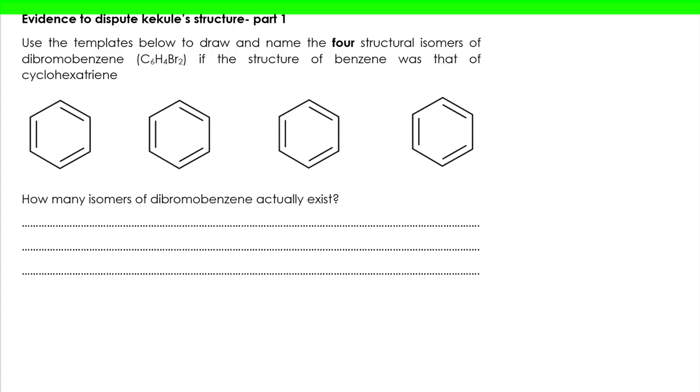In the first instance, I want you to consider, if this were the structure, how many different isomers there would be of dibromobenzene. Now, I want you to name it in the way that we just did. So this is cyclohexa-1,3,5-triene. What would you call each of the 4 structural isomers?